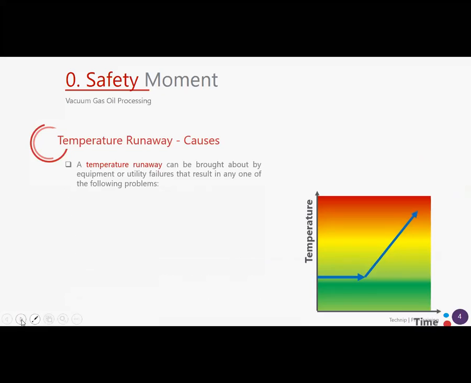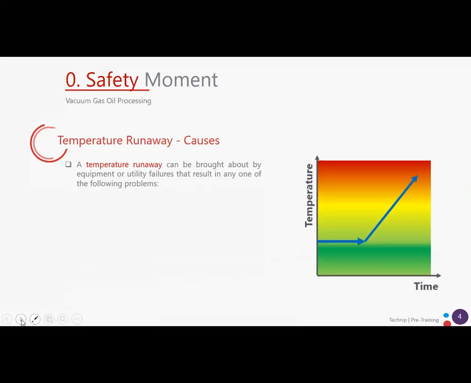So what can cause this temperature runaway? You are working at normal temperature, and then you start to increase the temperature suddenly. So it can be produced by a reduction in space velocity over the catalyst.